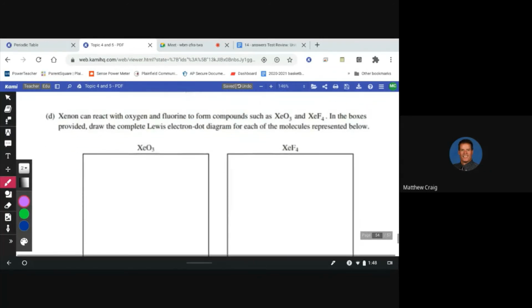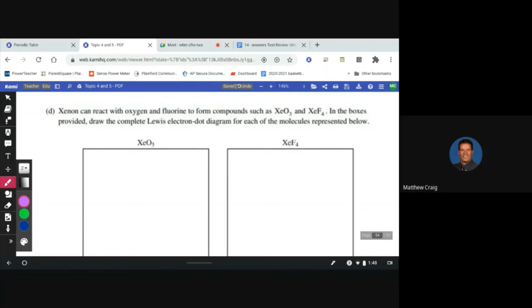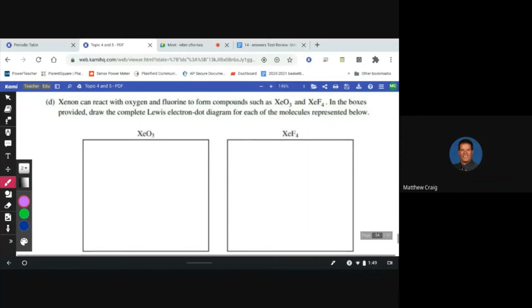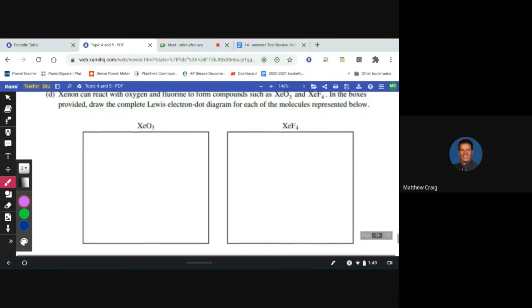Letter D. Xenon can react with oxygen and fluorine to form the compounds. There it is. Xenon trioxide and xenon tetrafluoride. In the boxes provided, draw the complete Lewis dot diagram for each of these molecules represented below. Do it.